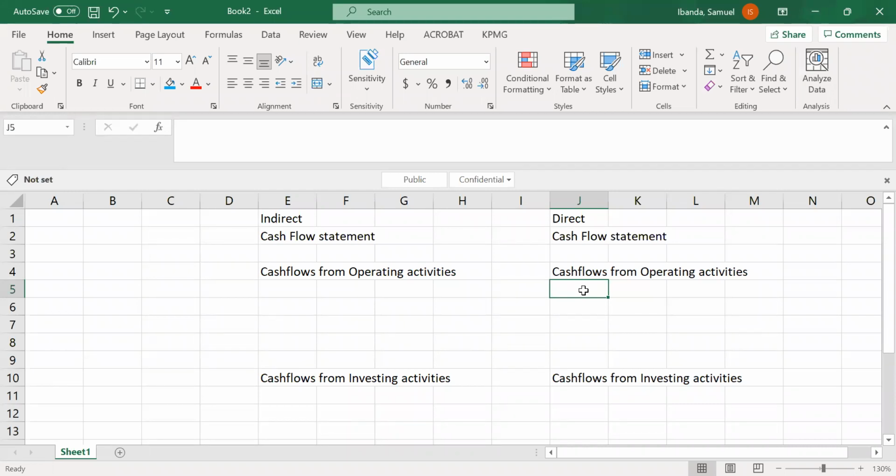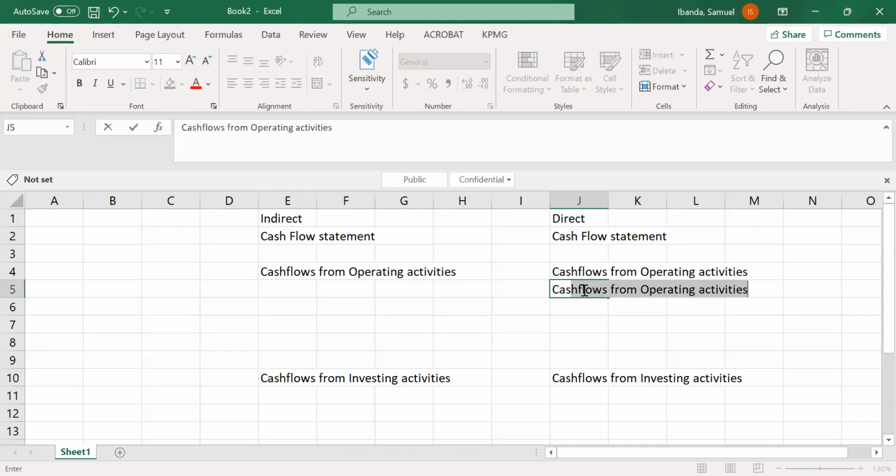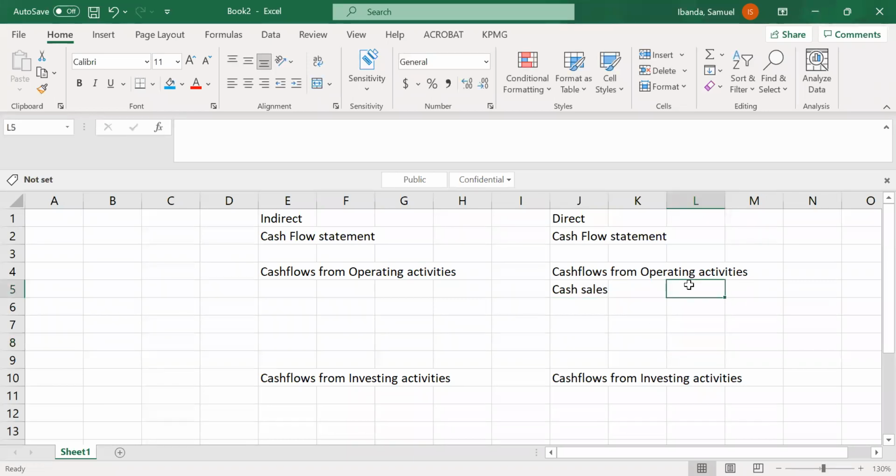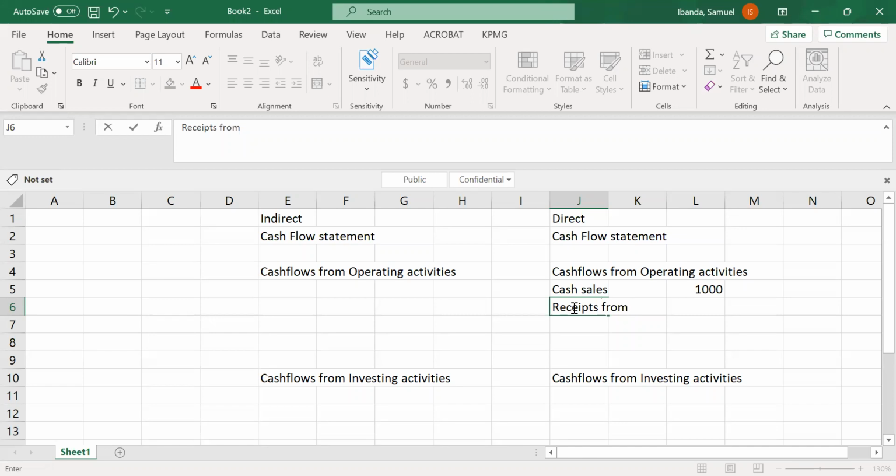So it will have items like cash sales, let's say 1,000, just using sample figures here. And then receipts from debtors or receivables, maybe this is 200. These are the people you sold to on credit some time ago and now they have paid you.